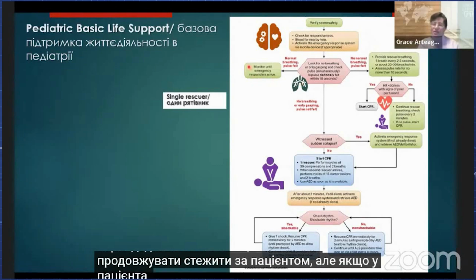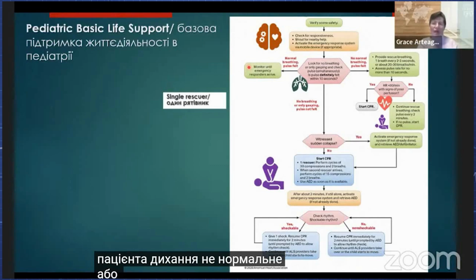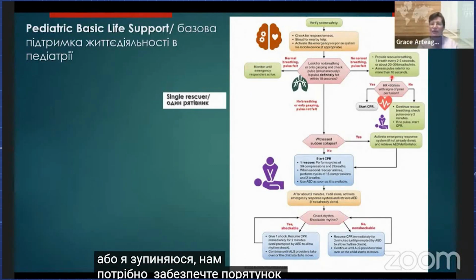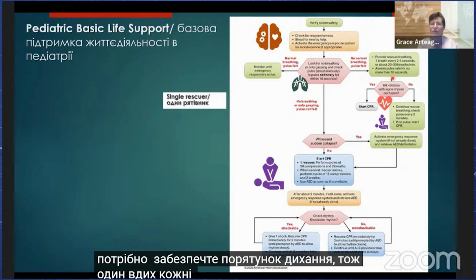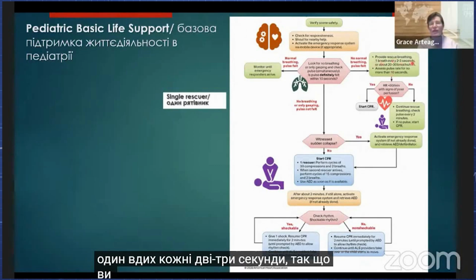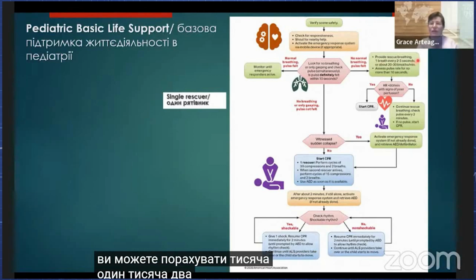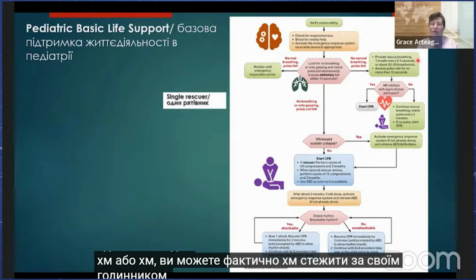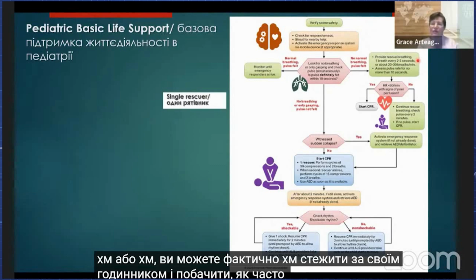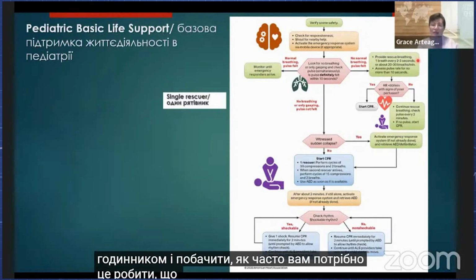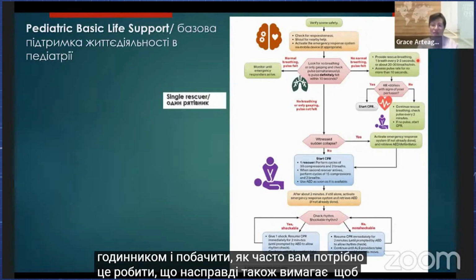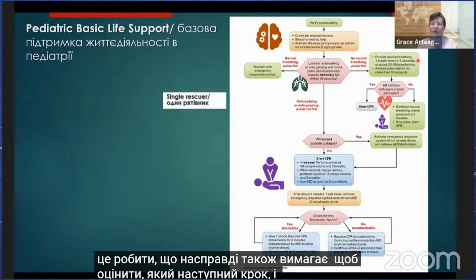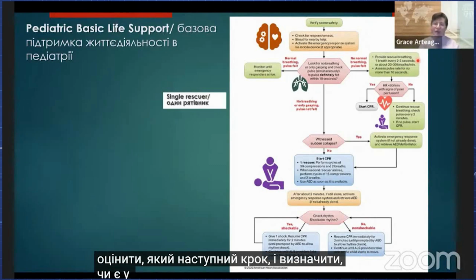However, if the patient is not having normal breathing or has stopped breathing, then we need to provide rescue breathing. So 1 breath every 2 or 3 seconds. You can count 1001, 1002, or you can follow your watch and see how often you need to do it. That also requires you to assess, which is the next step, whether you have a heart rate.